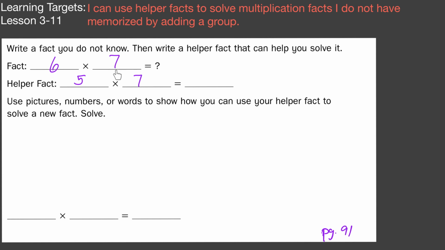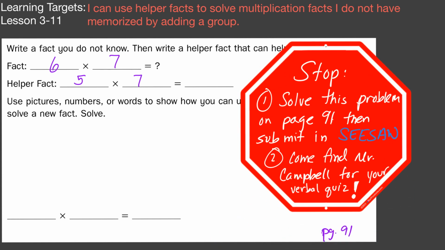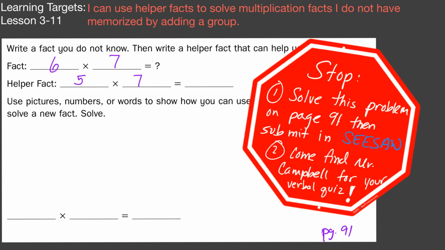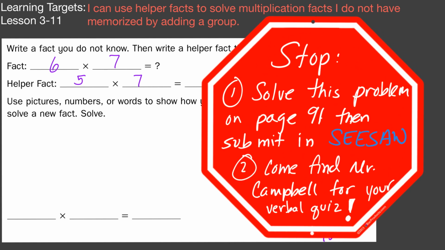If you need to, rewind the video to see how we use this strategy in the first 2 examples. You're going to use pictures, numbers, or words to show how you use your helper fact to solve a new fact. When you're finished, you're going to submit all of page 91 in Seesaw.